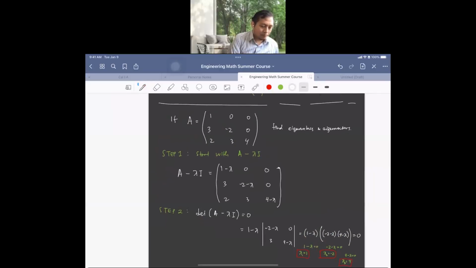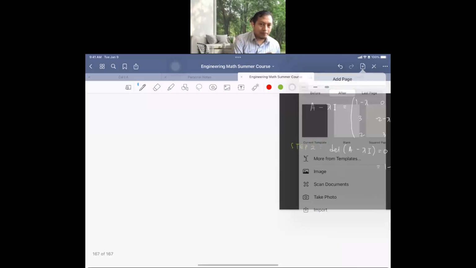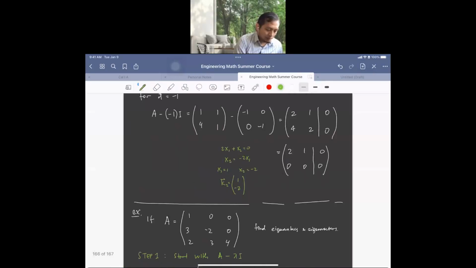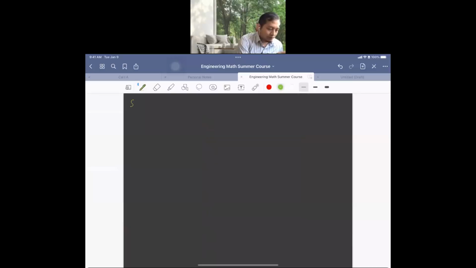Now to find the eigenvectors, let me move to the next page. So to find the eigenvector, the next step, this is step 1, step 2, step 3.